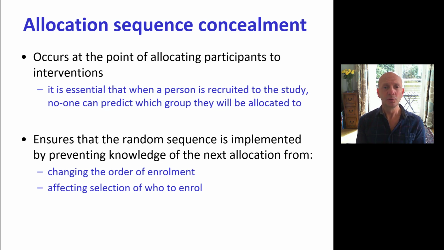This is to ensure that the random sequence is properly implemented, because if people know what's coming up next, it's possible to change the order in which people get recruited into the study to get particular people receiving particular interventions, or we can prevent people getting enrolled into the study altogether in a way that depends on the allocation that they would have received, and introduce selection bias in that way.